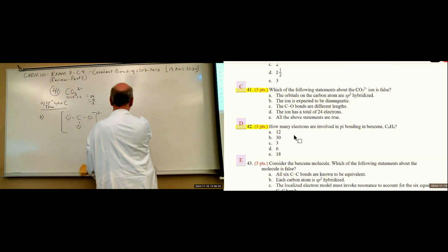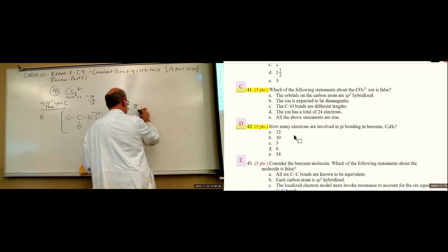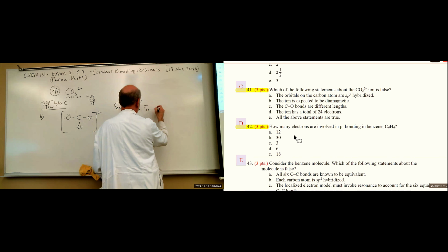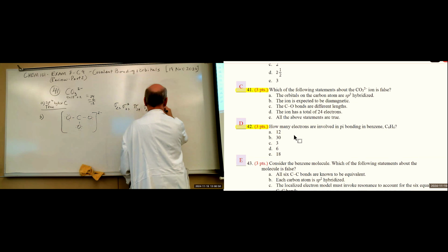Then we have 2s, and then we have pi from the 2p, sigma from the 2p, then we have pi star 2p, sigma star 2p.